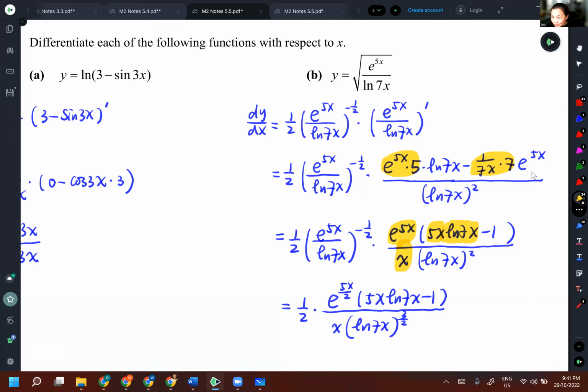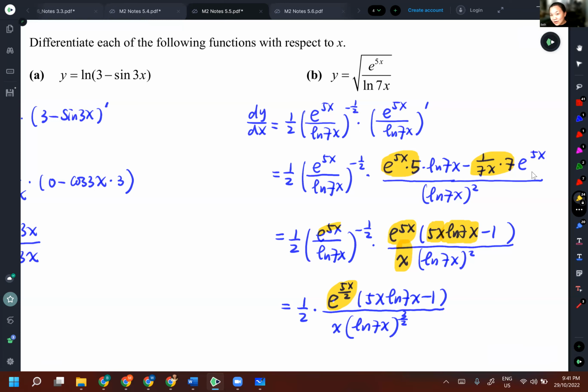And then my final answer, I will write each factor just once. For this factor, I think it's everywhere. It's e to the power 5x to the power negative 1 over 2. There is one there and one there. It's one here and one here.